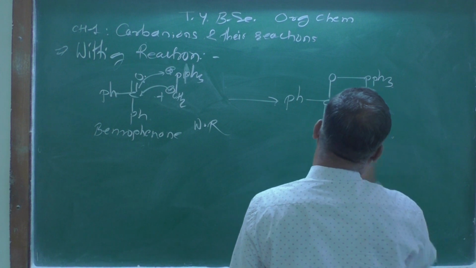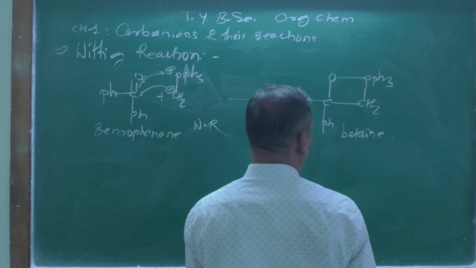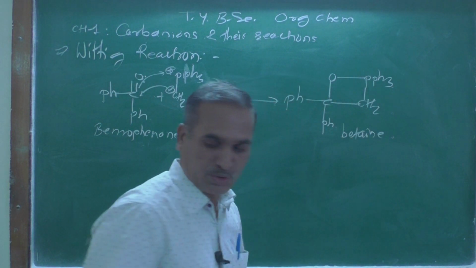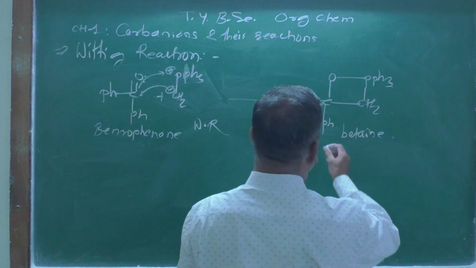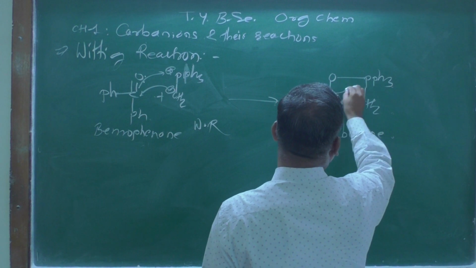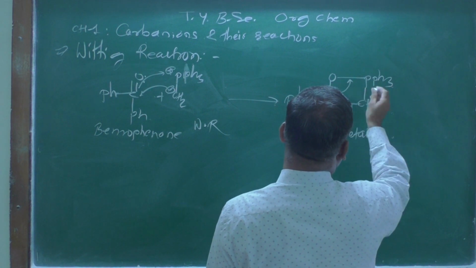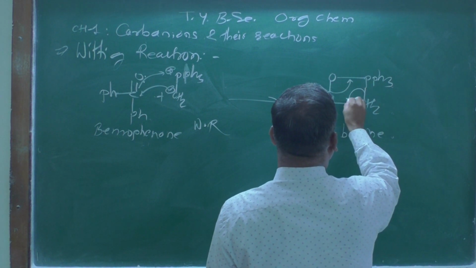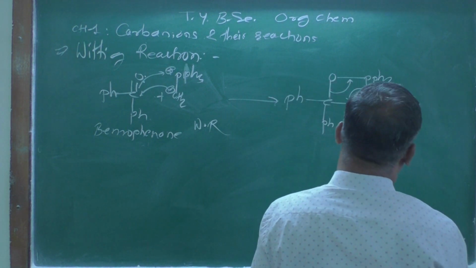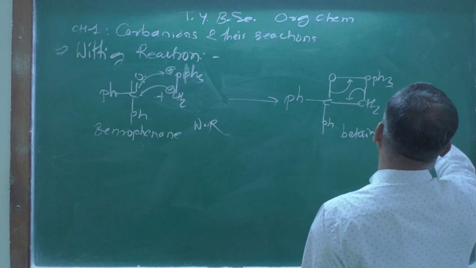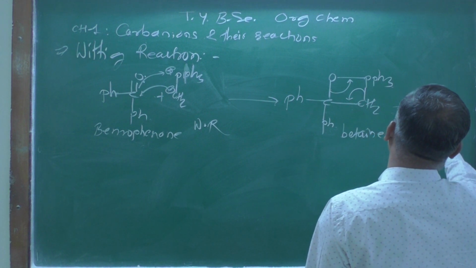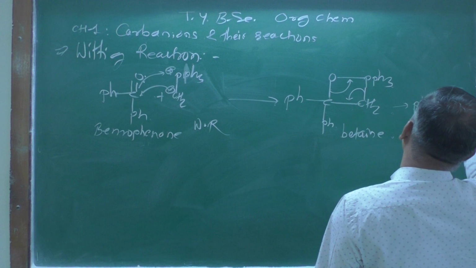When this betaine intermediate is formed, at that time you have to show this type of betaine we are getting, and now this oxygen forms a double bond with phosphorus, and this bond is forming with that CH2, and we are going to get the product, this one Ph, then here is Ph double bond CH2.